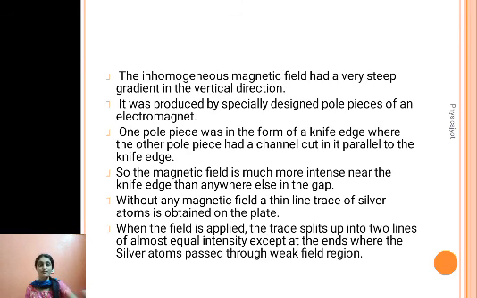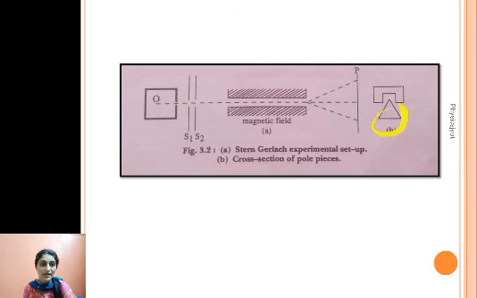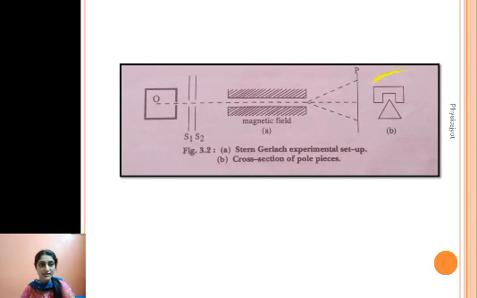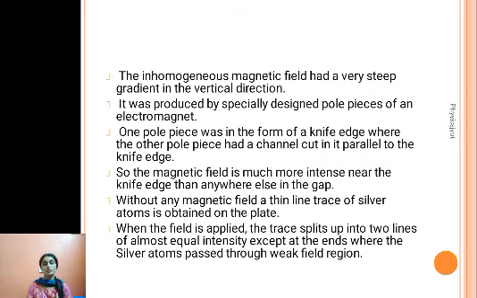One pole piece is in the form of a triangle, or you can say a knife edge, and another pole piece had a channel cut in it parallel to the knife edge. You can see here there is a cut. When we have this kind of magnet, whatever magnetic field there is will be much more intense near the knife edge than anywhere else in the gap.